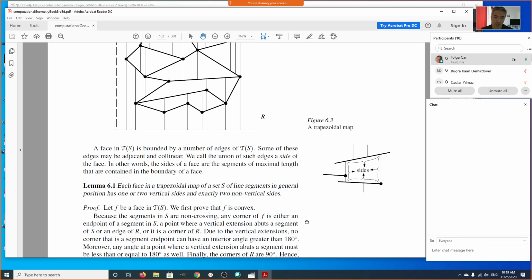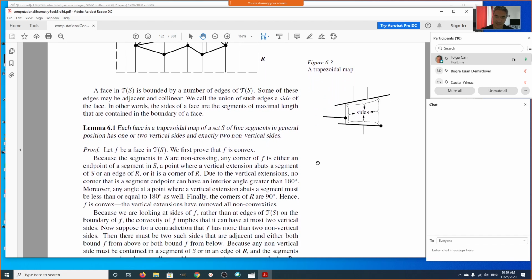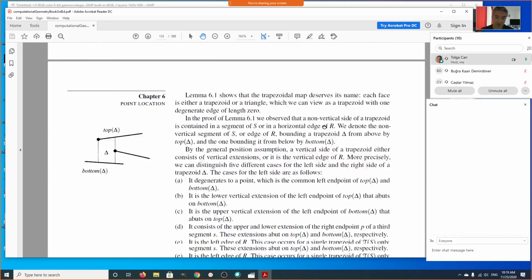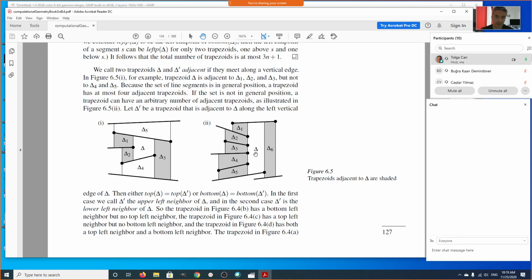This constraint is important, because if we don't have it, we may have cases like this. Look at this trapezoid delta. Its left is crowded with lots of trapezoids. There are 5 trapezoids. There is no single left point. And it's all because we have x coordinates that are the same.